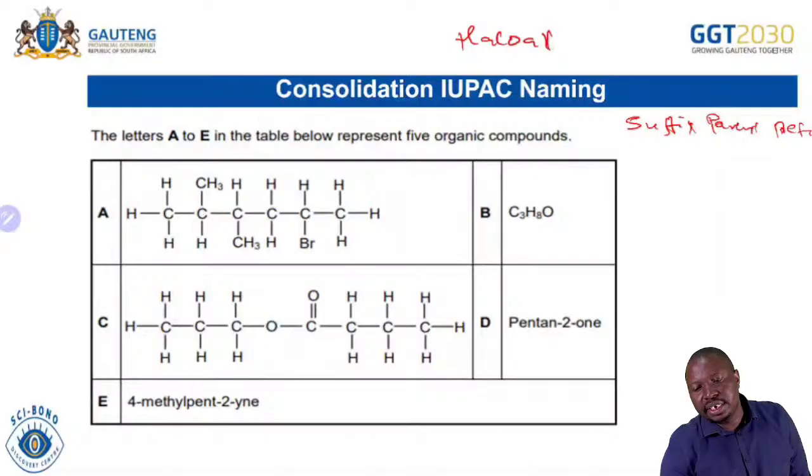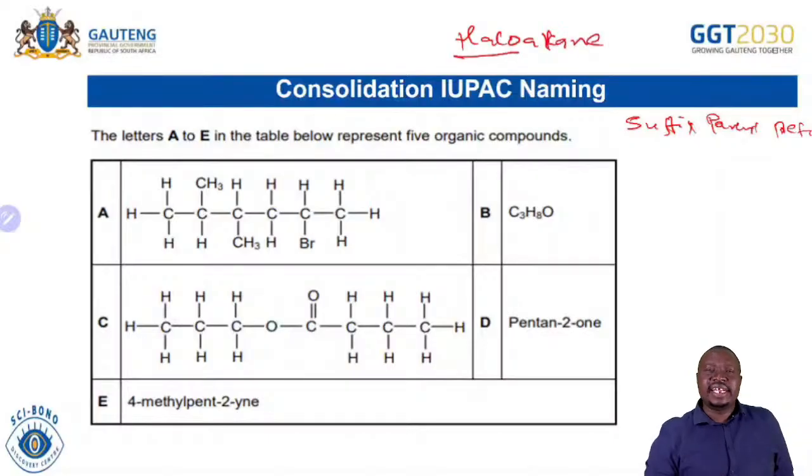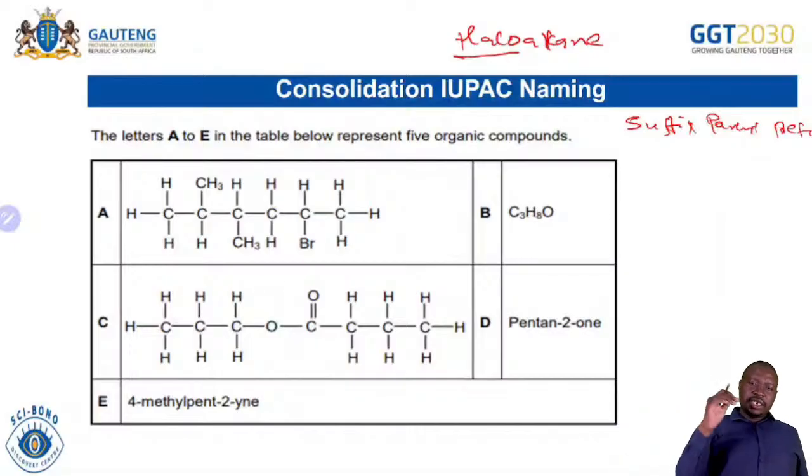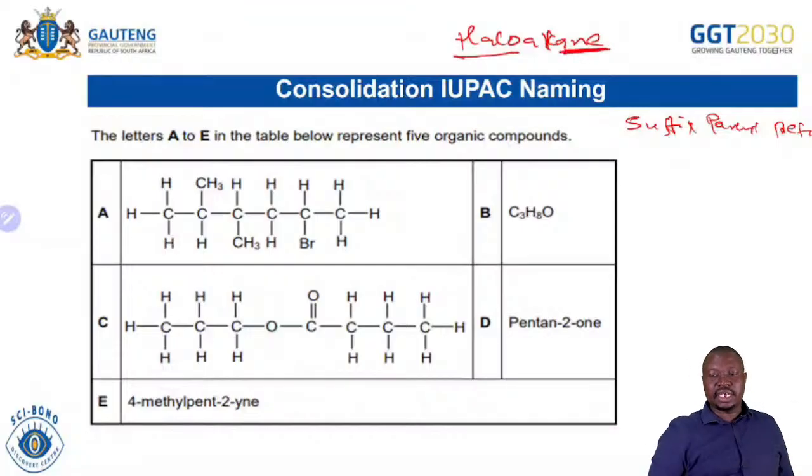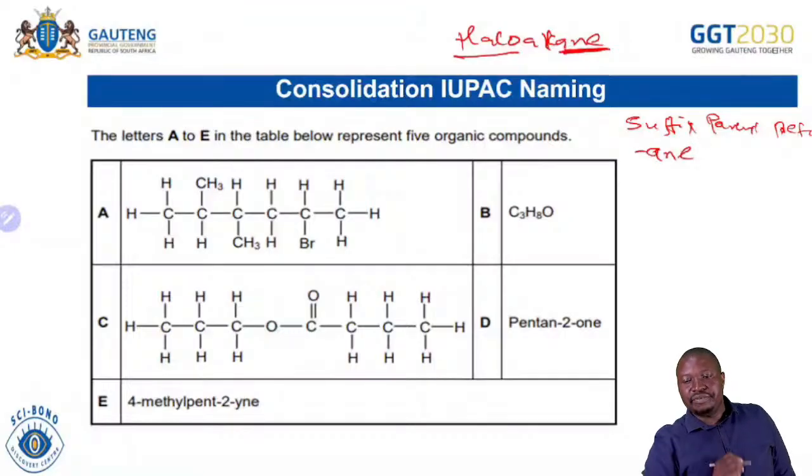We treat our halo, our bromo and our chloro, as substituents. So when you see a bromo there, you are seeing a substituent, not a functional group, so that you are not confused. So this is an ane, because it's a haloalkane. The name will end with an A, because halo is at the beginning. So our suffix will be ane. For haloalkanes, the suffix is ane.